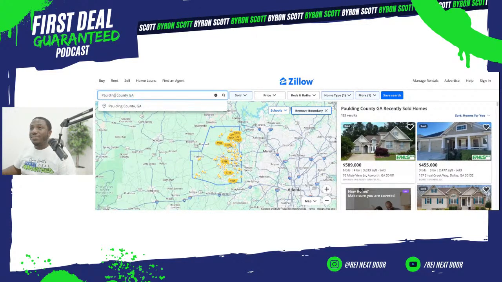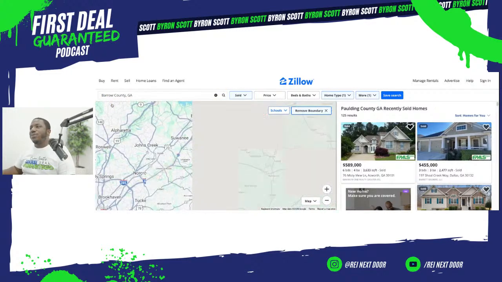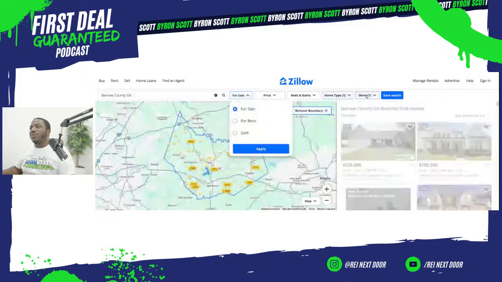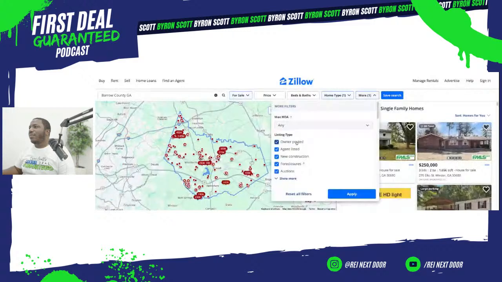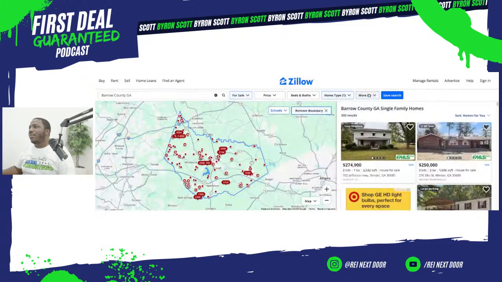Let's go to Barrow. Let's see what's happening in Barrow. So in Barrow, let's see what's for sale right now, all the properties they've got for sale.